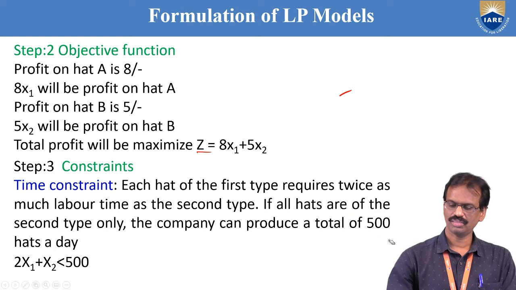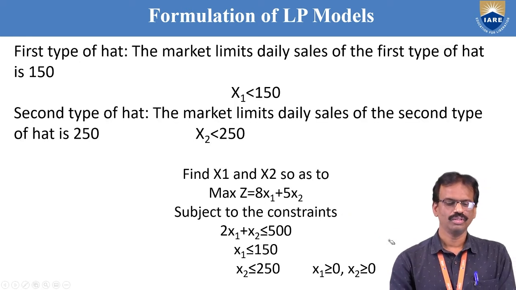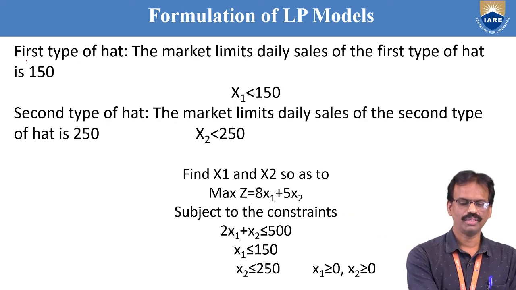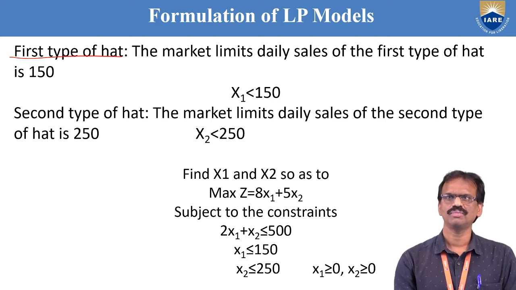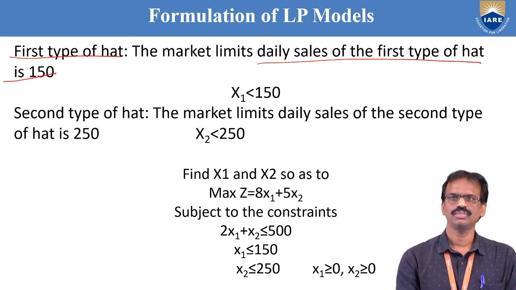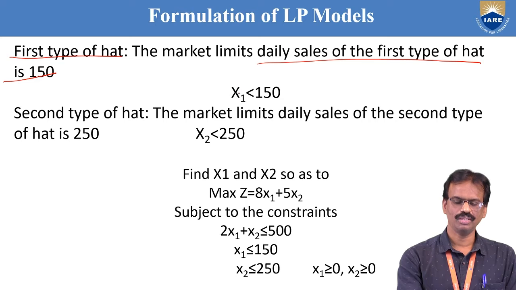For the second constraint, the market limits daily sales of the first type of hat to 150. It means x1, the type A hats, is less than or equal to 150.